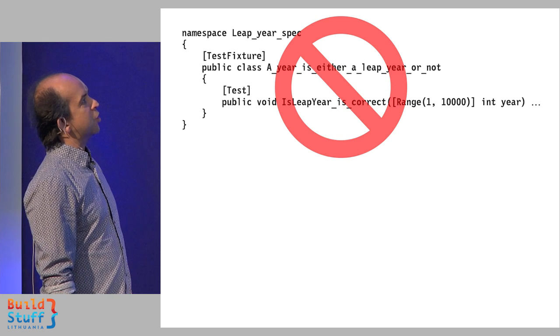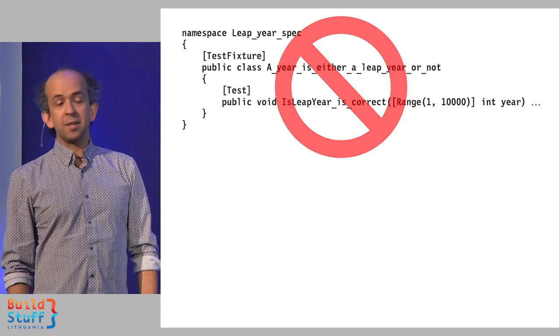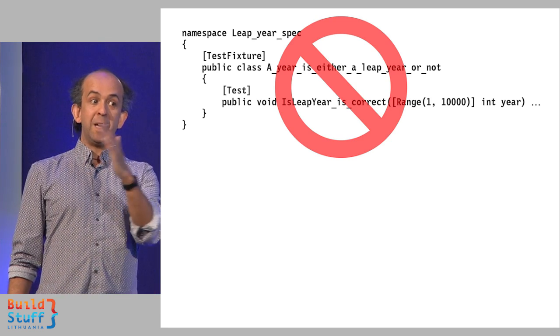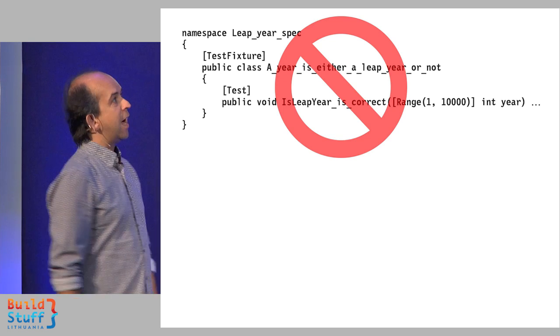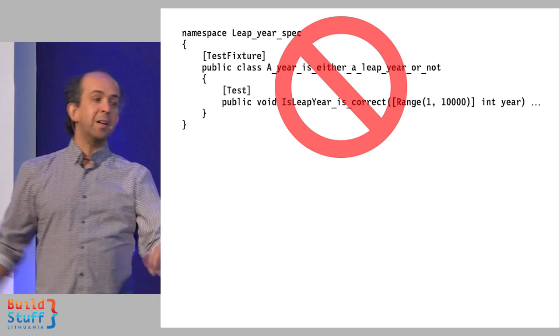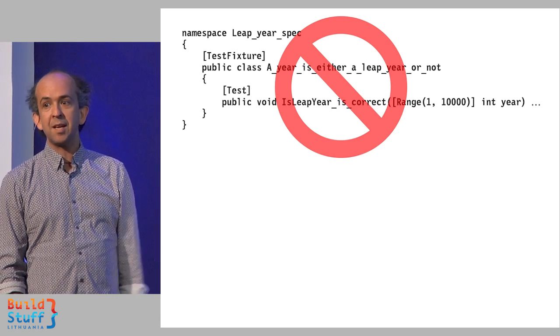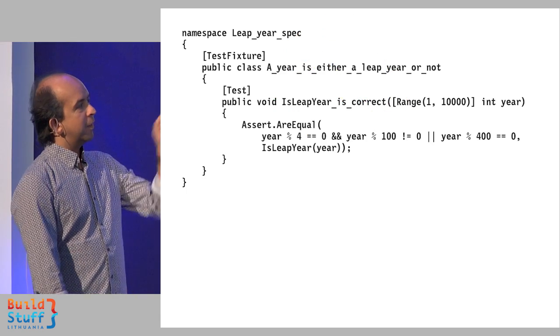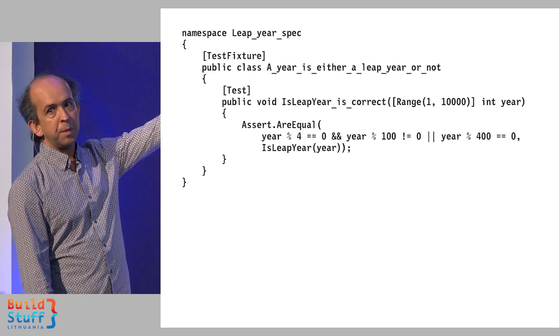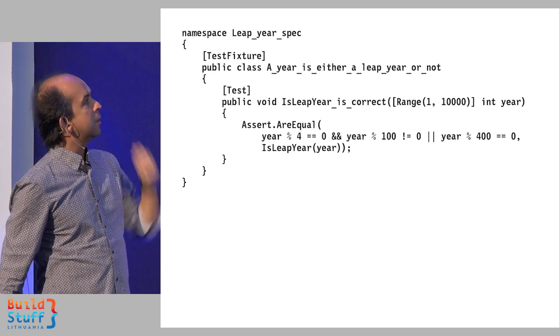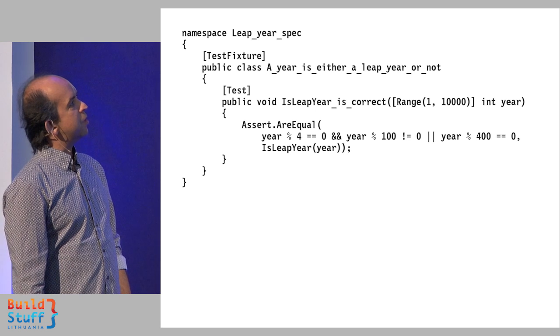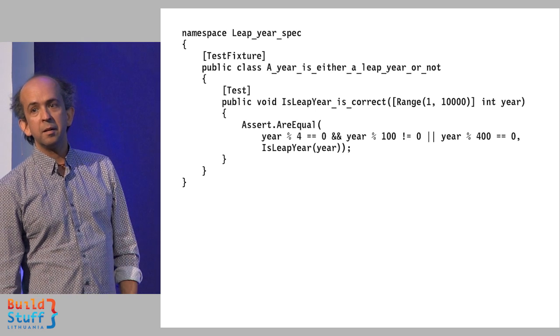And then I'm going to have a function called is leap year is correct, which is just another way of saying is leap year works. Okay? And I'm going to cover 10,000 years, so I'm going to get better coverage than your code, Kevlin. Oh, sure, that's great. So what does your test case look like? I need to put this up here because I need to tell people when they look at the PDF. No, don't do this. Okay, so that's obvious, really, isn't it?